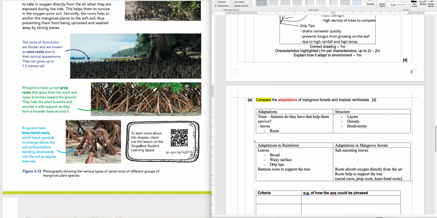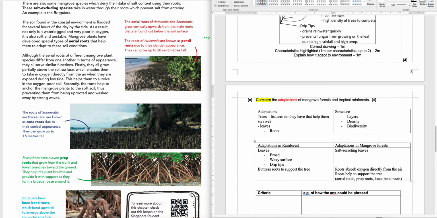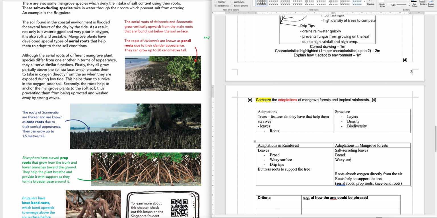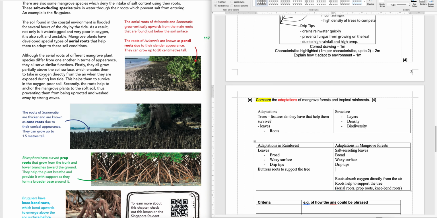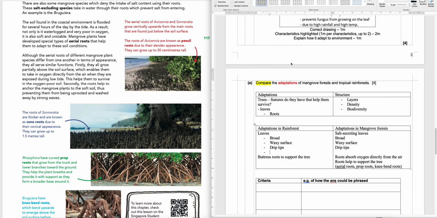Now this may not be written in your textbook, but if you realize by now, these trees are also in the tropical region, so they actually have the same adaptation. They also have broad leaves, they also have waxy surface, they also have drip tips. Okay, so this is how you compare. The question is to compare.